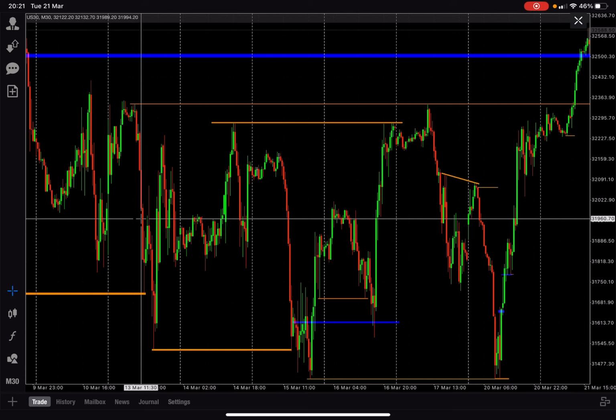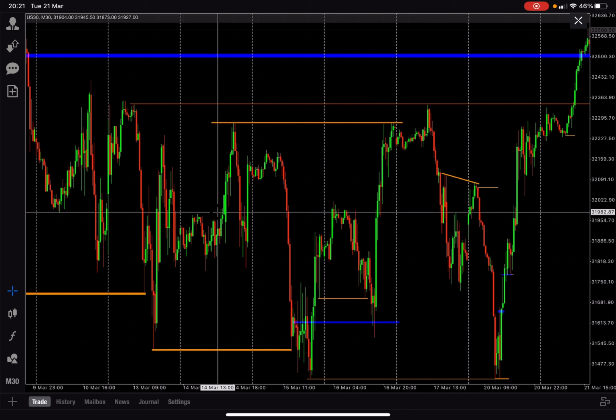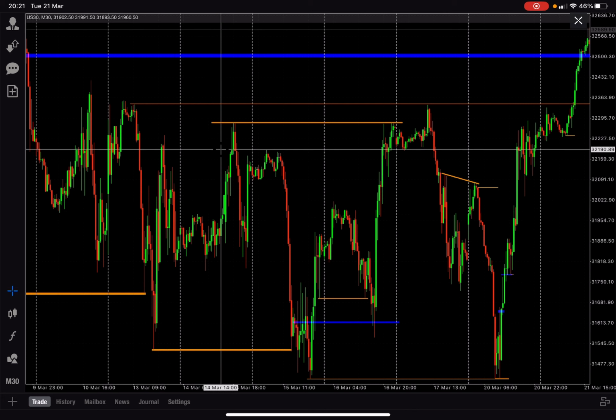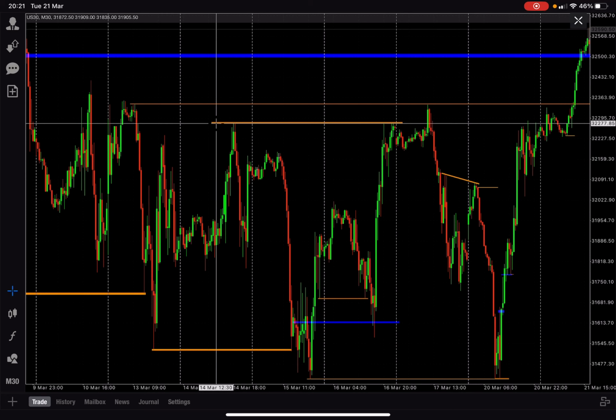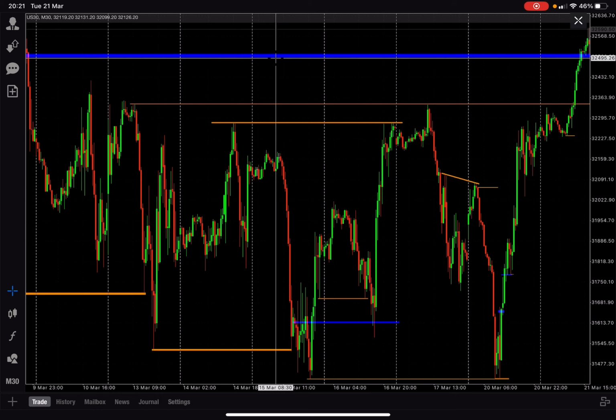The main things I want to go over is liquidity, which is the main thing, obviously, how price moves, which is the orange lines. Then we have these blue lines, which are normal support and resistance areas used in previous lows and previous highs.